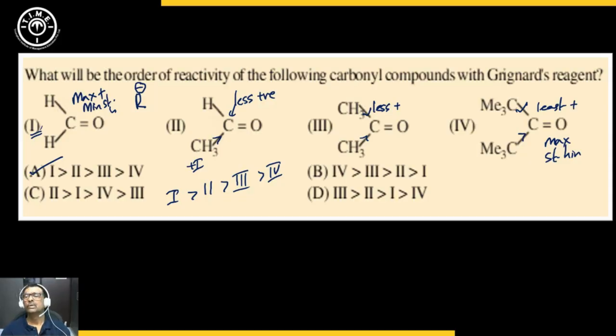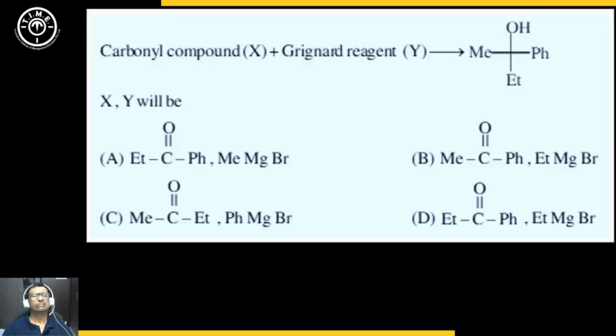I hope you have taken up sufficient questions to test your knowledge. One more, I think this is very similar to what we did in the previous one. So the Grignard reagent is going to attack a carbonyl compound. All are carbonyl compounds, B, C, A, D, all these things are. Now what you require is Me, Et, Ph combination.